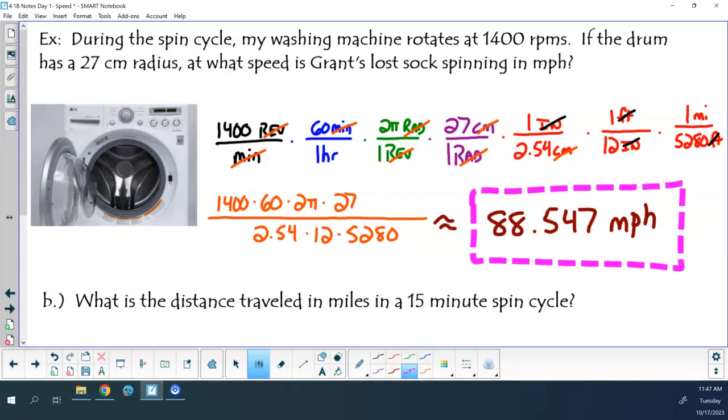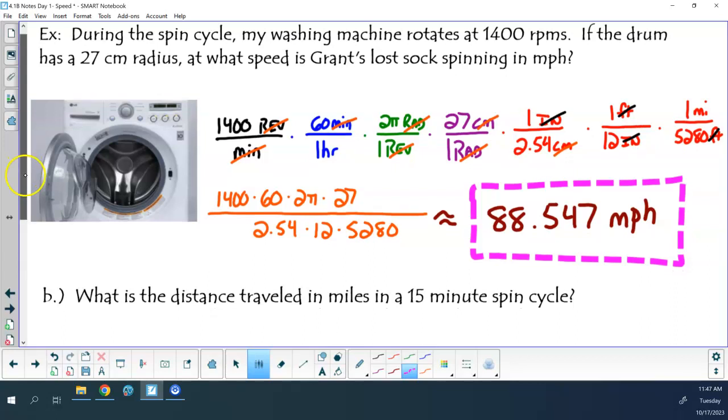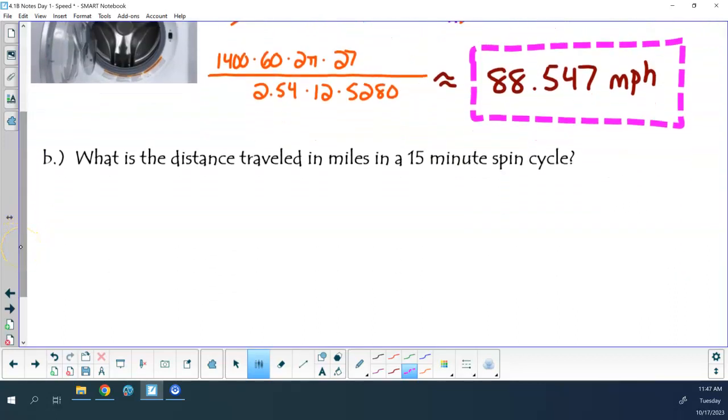Okay. Then, what is the total distance that sock went? Well, you know that it's moving at 88.547 miles per hour. And hopefully you left that on your calculator. The more stuff you leave on your calculator, the better. Now here is where some of you saw the shortcut.